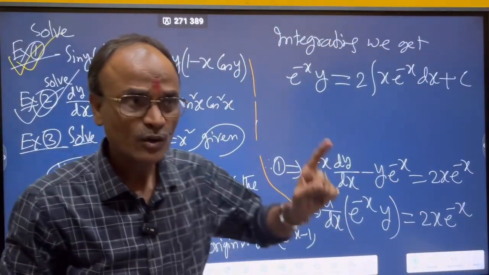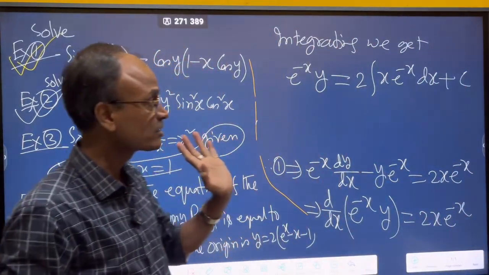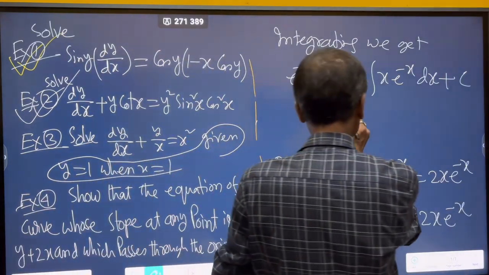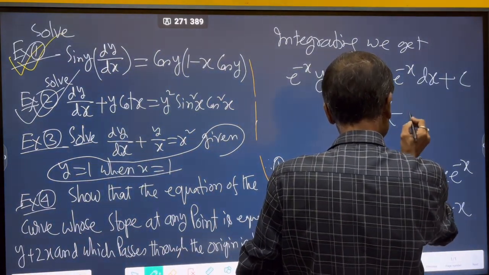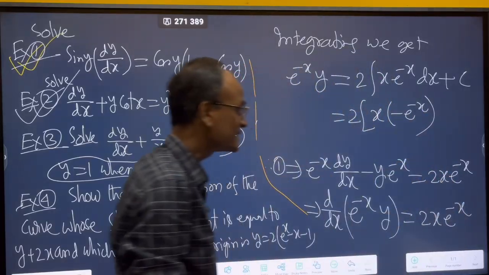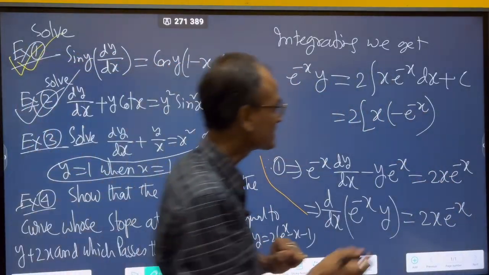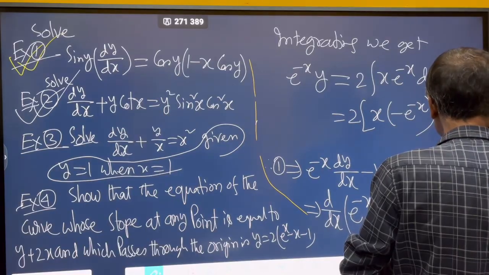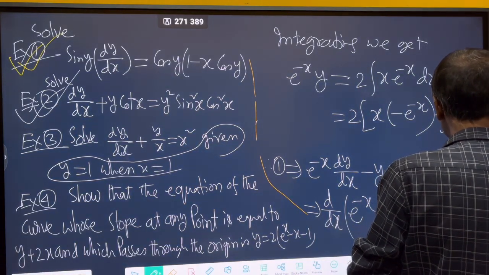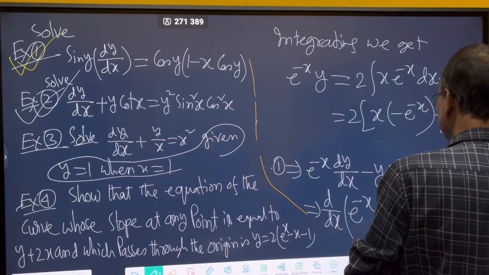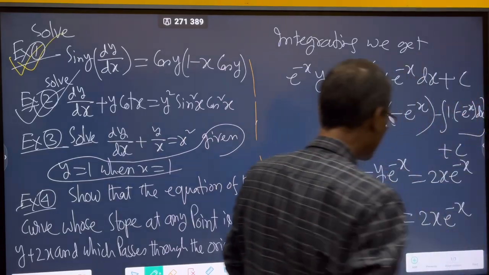Now, this is equal to 2 times first function x, integration of the second function minus e to the power minus x, minus integral of differentiation of the first function into integration of the second function, plus c.